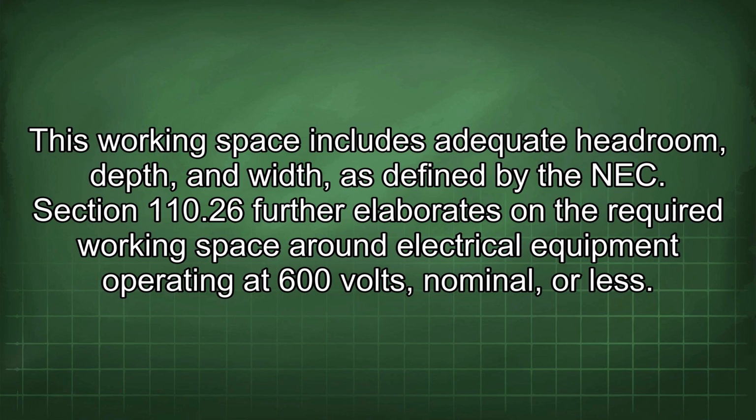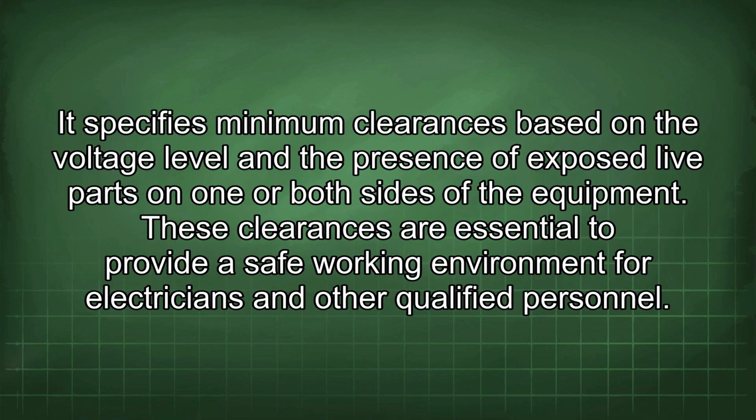Section 110.26 further elaborates on the required working space around electrical equipment operating at 600 volts, nominal or less. It specifies minimum clearances based on the voltage level and the presence of exposed live parts on one or both sides of the equipment. These clearances are essential to provide a safe working environment for electricians and other qualified personnel.